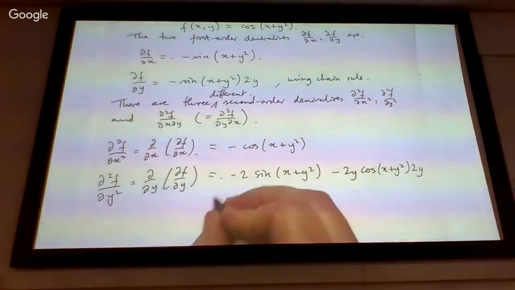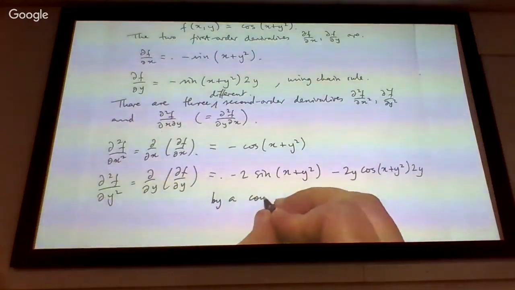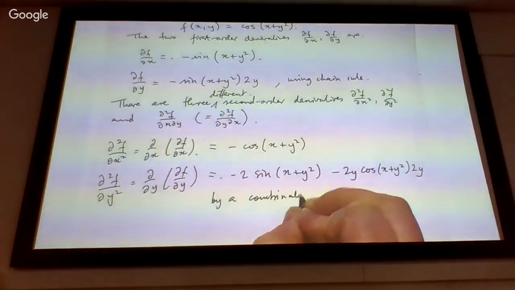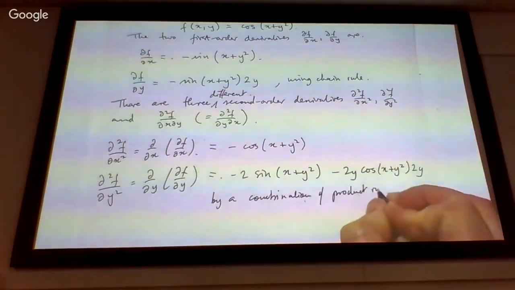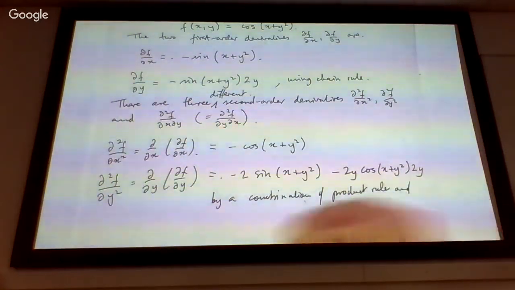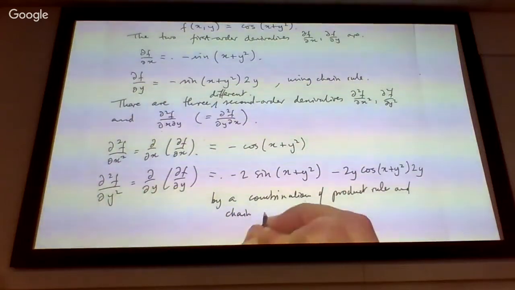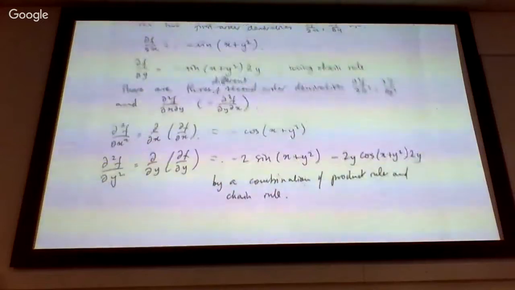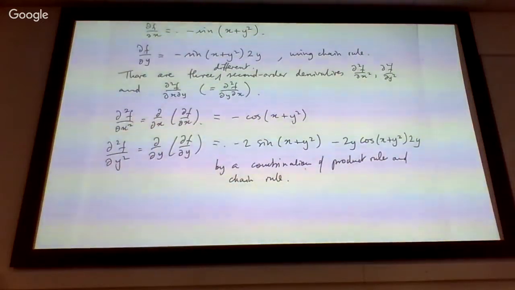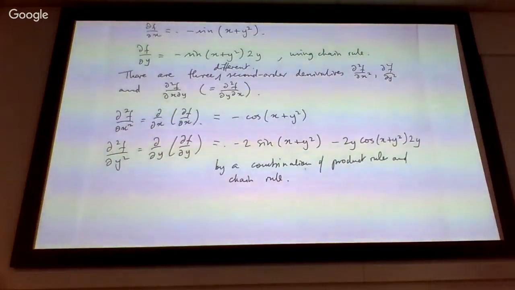So that's by a combination of the product rule and chain rule. If we indicate the rules, the reader can tell, as long as we've done it correctly, that we're correctly applying the rules there.